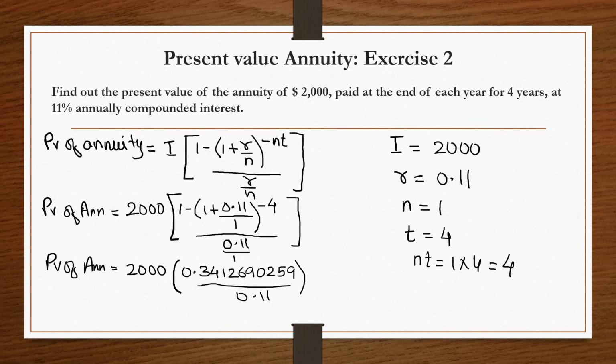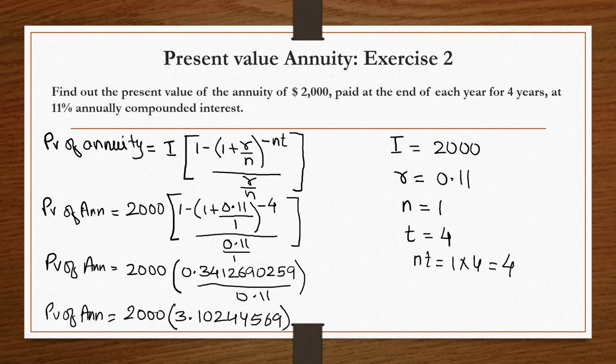Now we will get the present value of annuity: 2000 multiplied by 3.10244569.